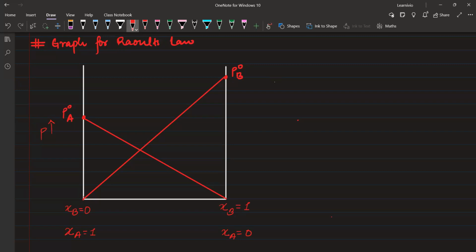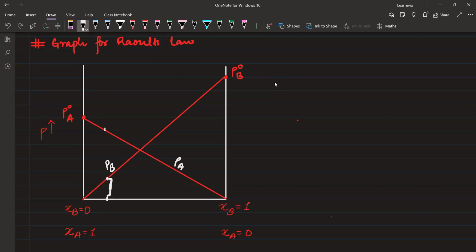Right. So these are the two lines. What is this first line? This is representing the pressure due to B. This line here is representing the pressure due to A. Now when we add both of these, for example, at this point, the pressure due to B is this much, that means this many units, 1, 2, 3, whatever it is.